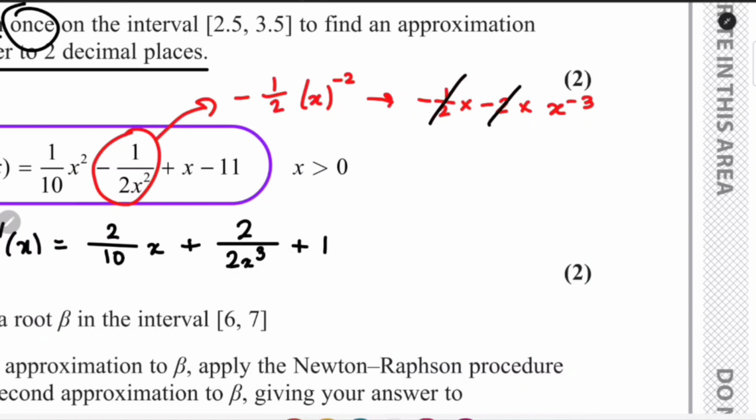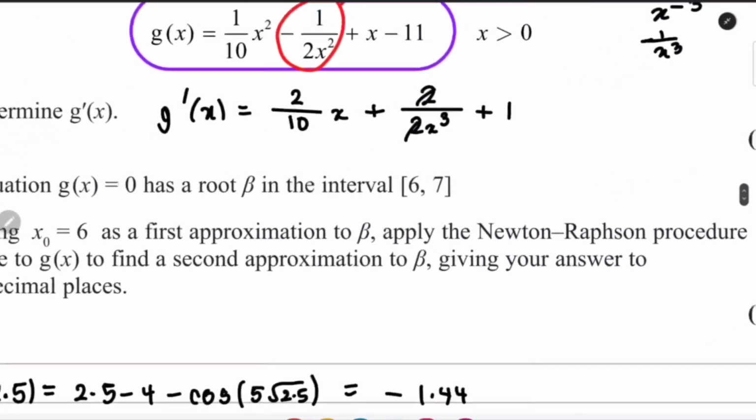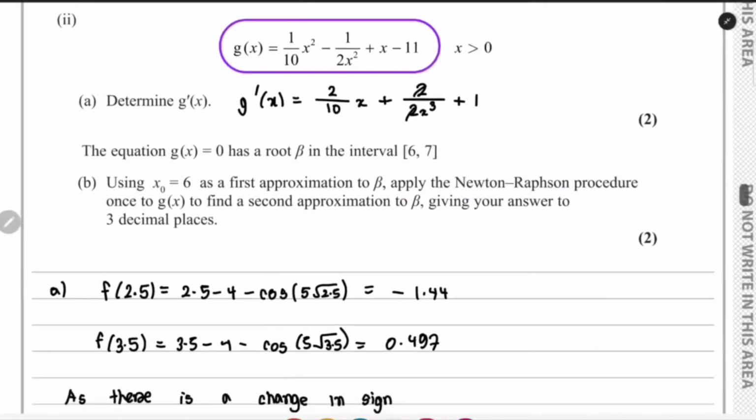So we'll get plus x to the power minus 3, which is 1 by x cube, which is what we get here because the 2's cancel out. So this is part A done for question part 2.